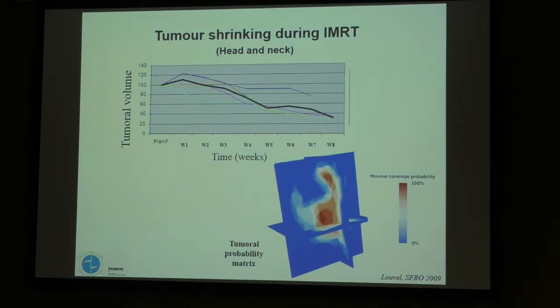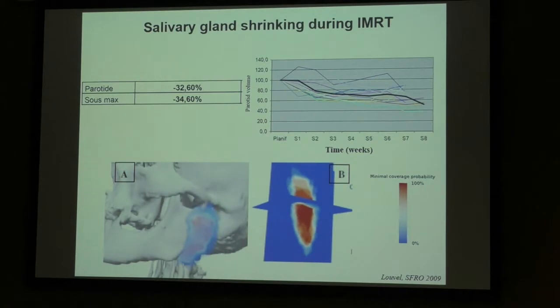If you analyze the tumor in head and neck, this shrinking is quite complex, hard to model. And this is also true for the parotid gland. The decrease of the volume is around 30% between before the treatment and the end of the treatment.